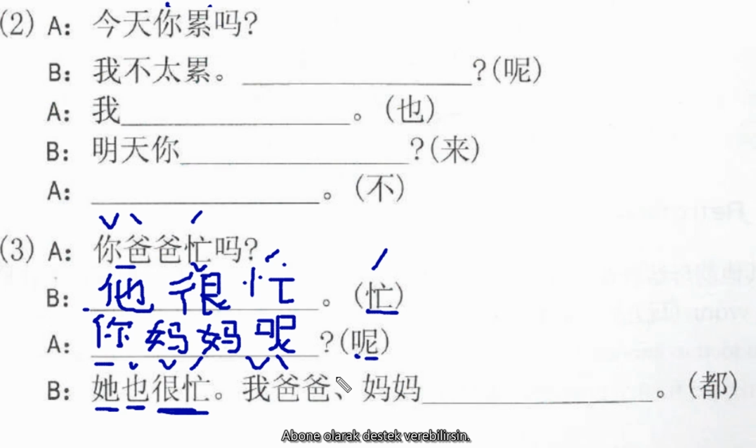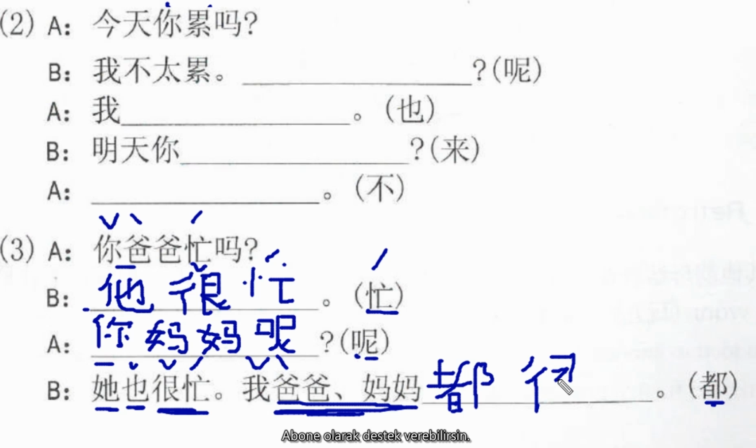我爸爸妈妈都很忙. If you use 都, the subject is plural, right? There are two people here. So we can say 都 and the same answer. 都很忙.